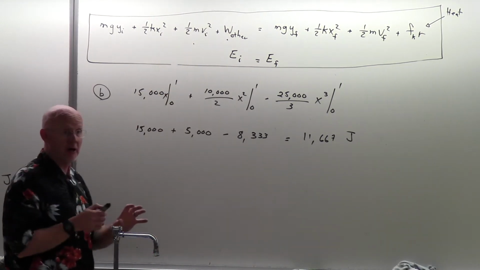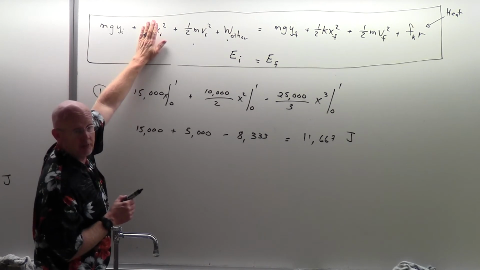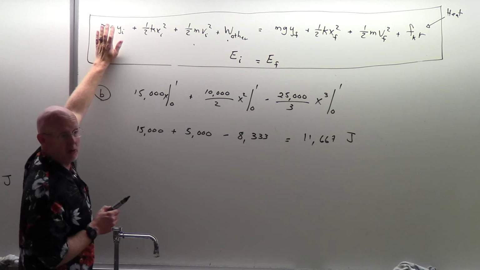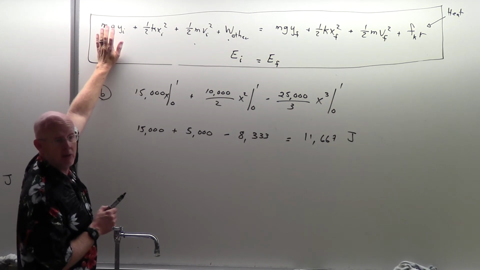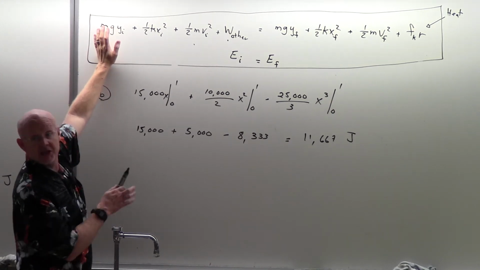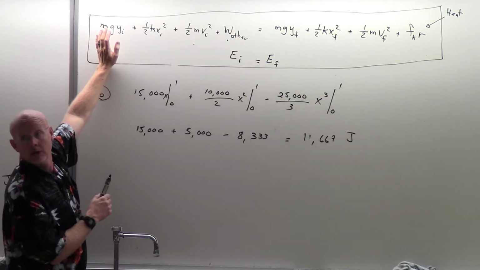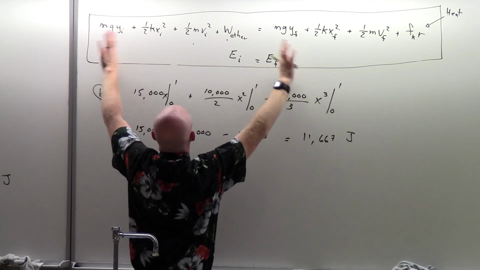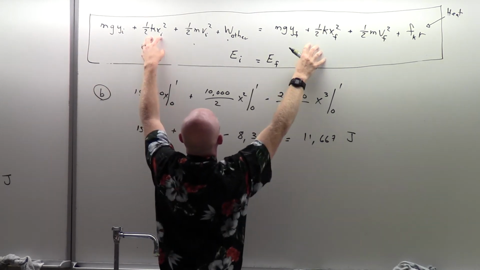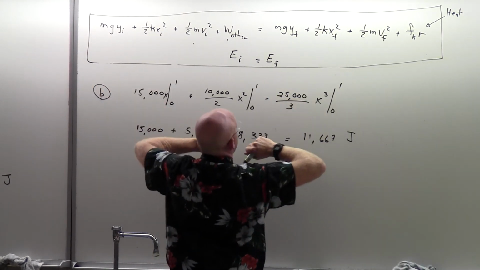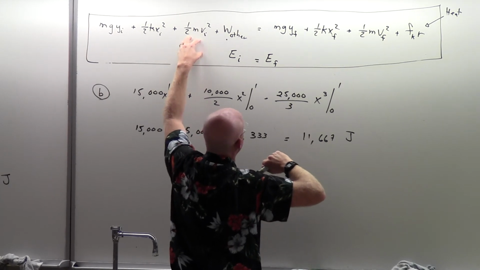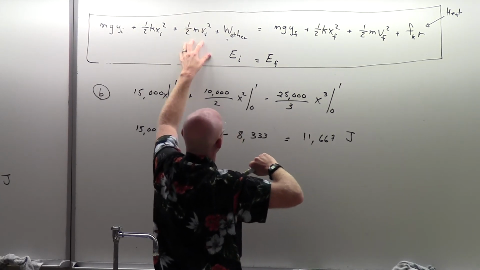For this simple problem, I don't think we need to worry about that term. There's no springs. Maybe the author doesn't do it because he doesn't say whether you're firing it up or down or horizontal. Let's just say we're firing it horizontal. So if you fire it horizontal, those are the same. We can cancel them off. There's no springs. I won't have to worry about that. There is no initial speed. Okay, so that term can go away.